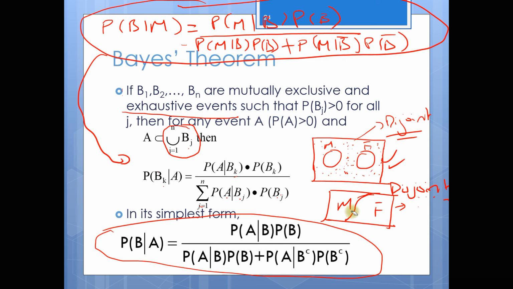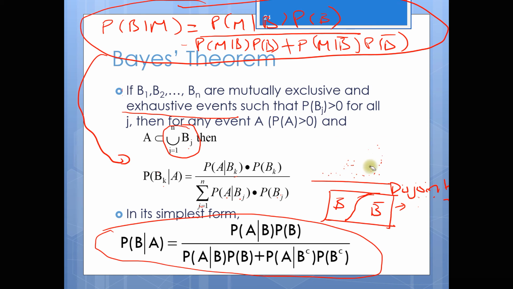For us, our B is B and not B. For us, the B is either B or not B. Remember, B1 was somebody wearing black and B2 was somebody not wearing black. So we are saying that A should be an element of the union of the Bj's. A should be an element of these two.